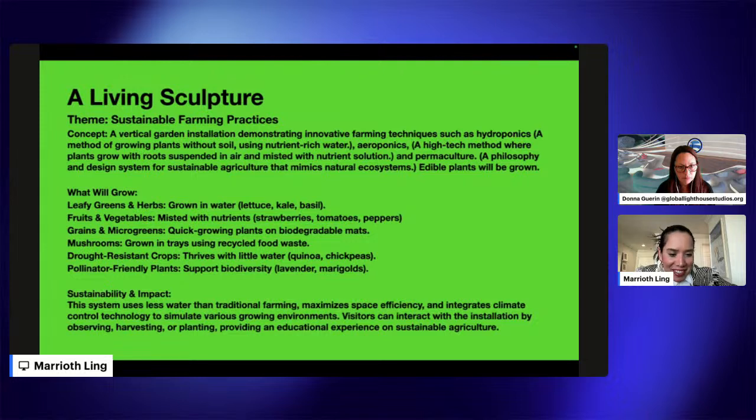maximizes space efficiency, let's say, and I think the real use of these is that the visitors can see it and can think about it and can read about it and can possibly do something about it by themselves.